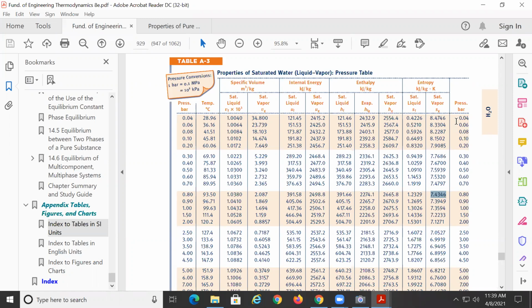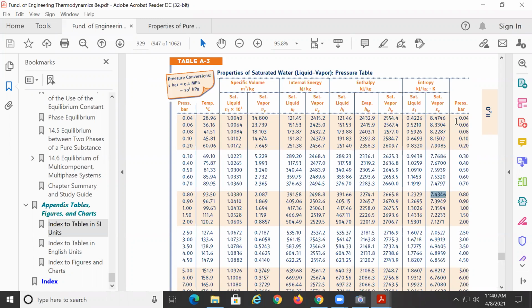So x4 will be equal to what? S sub 4 will be 6.7412 minus 1.2124, divided by 7.4571 minus 1.2124.